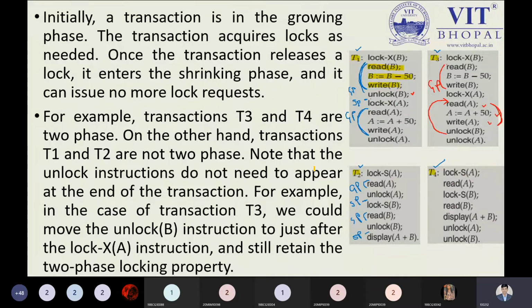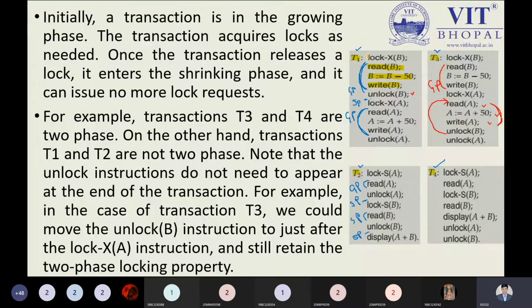So now is it clear to all right now? Yes, tell me. Is it clear? From the T1, is it clear to all right now? Sir, can you repeat, please? Yes.